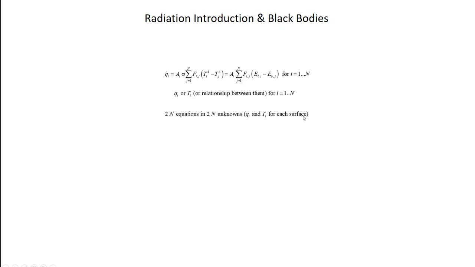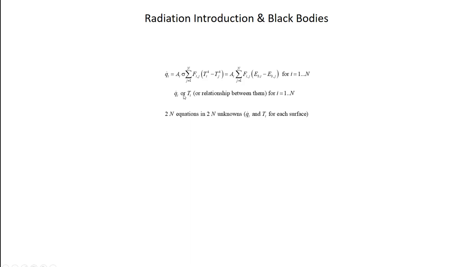So doing these problems is going to be done in steps, right? The first step is make sure I know all the areas. That's pretty easy. Make sure I can get all the view factors. That's a little bit harder, but that's doable. The second step is I'll write all these energy balances, right? And then the third step is now I've got to go through and come up with a boundary condition for every single surface.